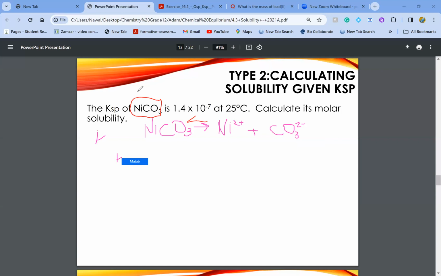He wants you to find something. Does he say anything? Find something? Calculate the molar solubility. Yeah. What does molar solubility mean? It means the solubility, which is s, in mole.